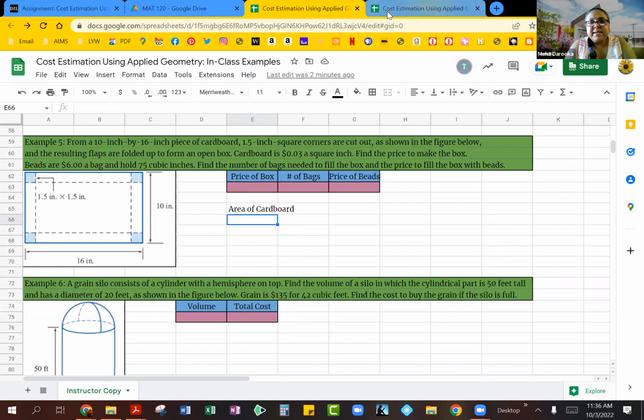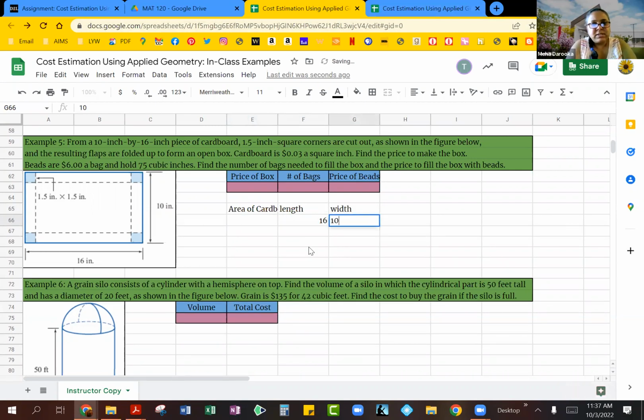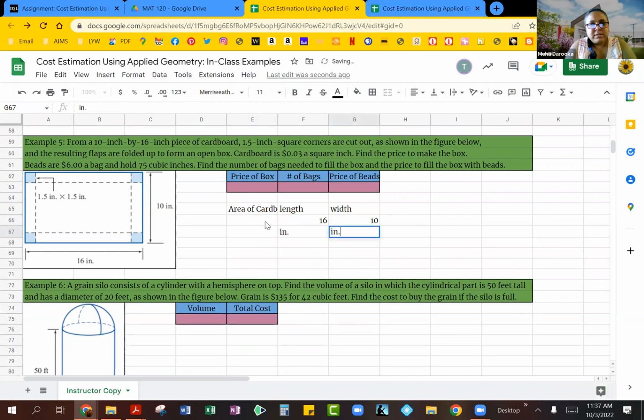So very nice, guys. The length and the width of our cardboard was 16 inches, 10 inches. So this will be the area of a rectangle, right? Length times width. And this will be in square inches.